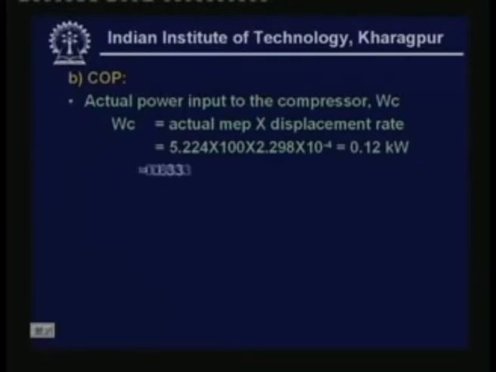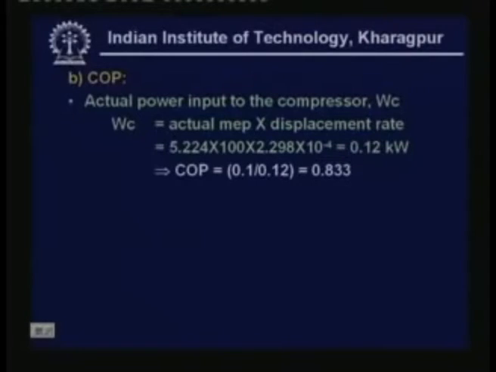Substituting this in the expression for COP, COP is nothing but the refrigeration capacity divided by the power input to the refrigerator, so it's 0.1 divided by 0.12, that means the COP is 0.833. Okay, this is a practical problem, and a very simple problem. All that you have to do is use the right equations and the right data. Now let us look at some of the practical aspects of reciprocating compressors.